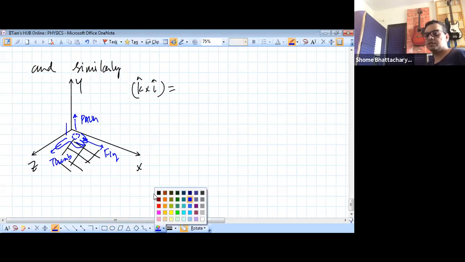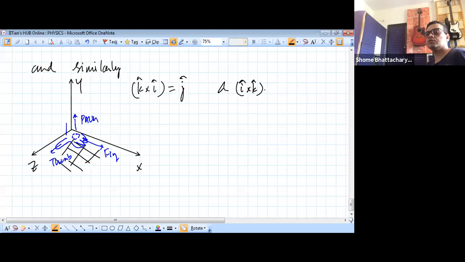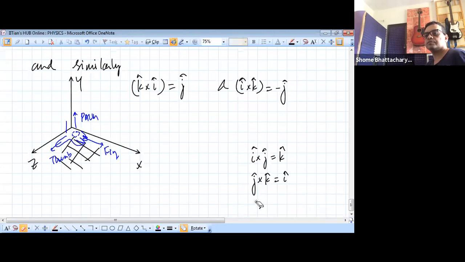Okay. So that is why we have the relation that k cross i is positive of j, whereas i cross k will become opposite of this, so it will become minus of j. Okay. So we have these three relations: i cross j is positive k, j cross k is positive of i, and k cross i is positive of j.